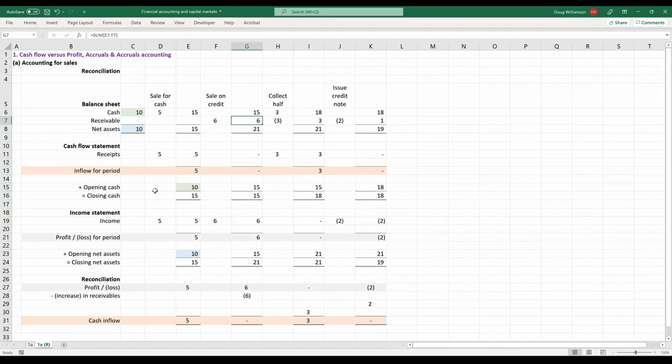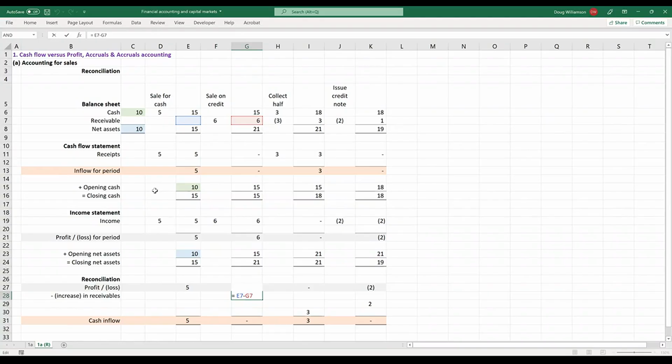It's going to turn into 6 of cash, all being well, so far as we know, following our activities in the second period. So if receivables increase, then cash flow is going to be smaller than we'd otherwise expect. And it's the difference between the opening receivables and the closing receivables.